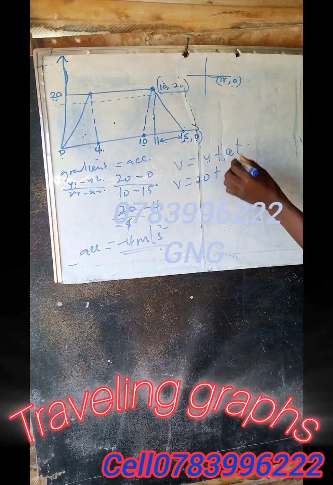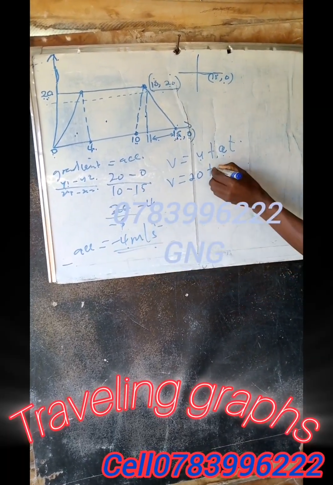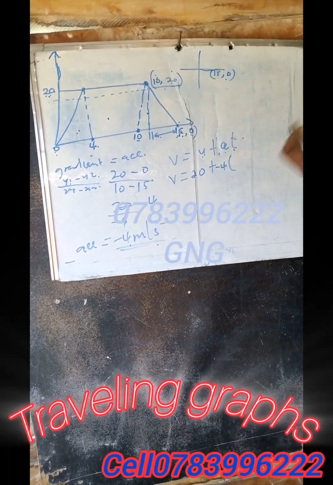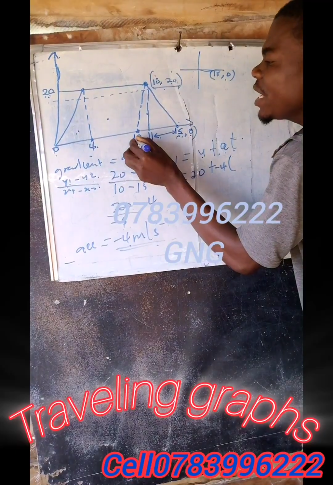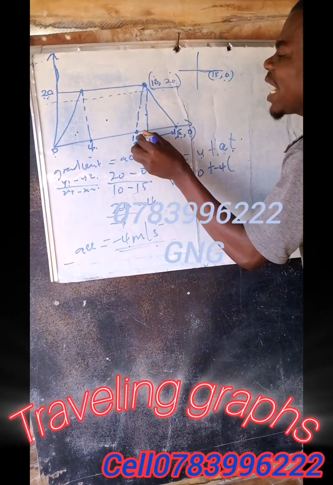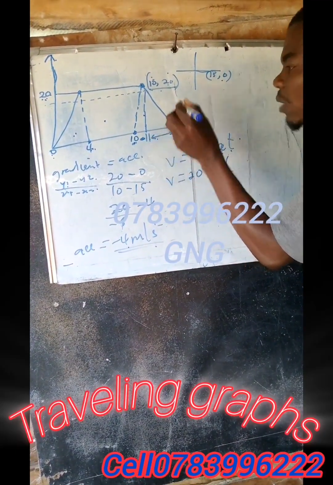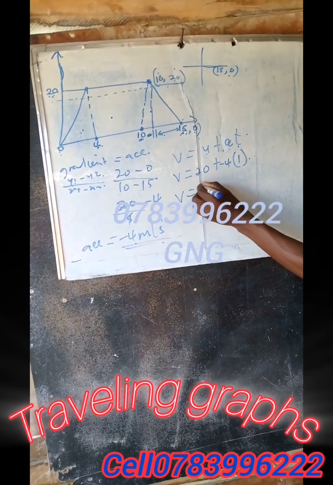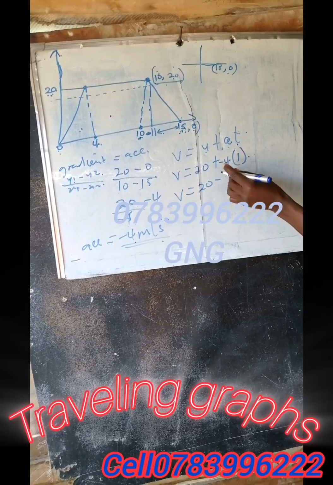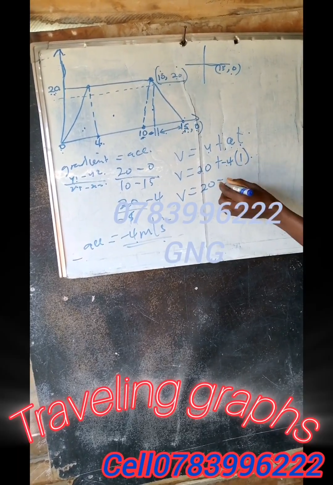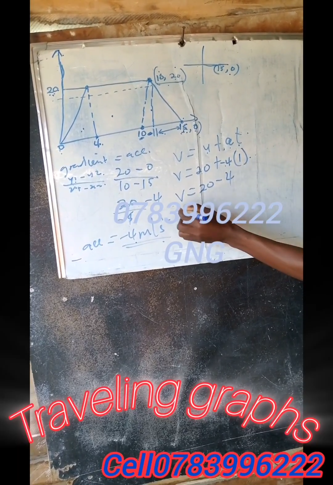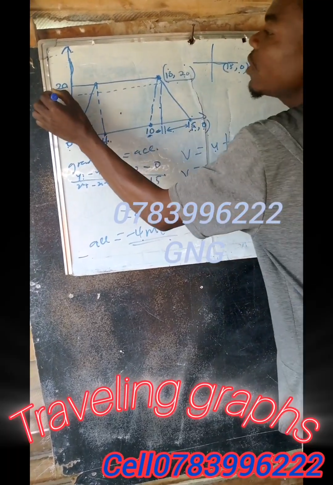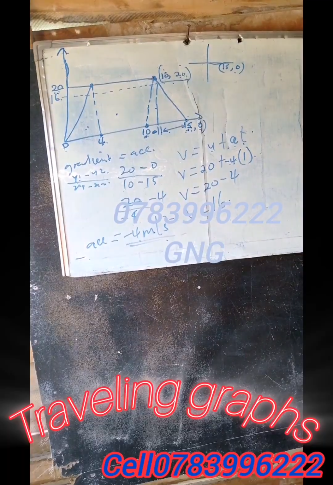So 20 plus a, the acceleration I calculated, minus 4, multiplying by time. The time is from 10 to 11 seconds, which is 1 second there. So my v will be 20 minus 4 times 1, it's minus 4. So v is equal to 20 minus 4, which is 16. So here my v is 16.